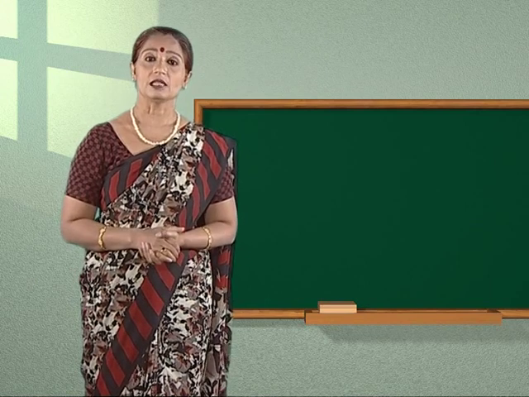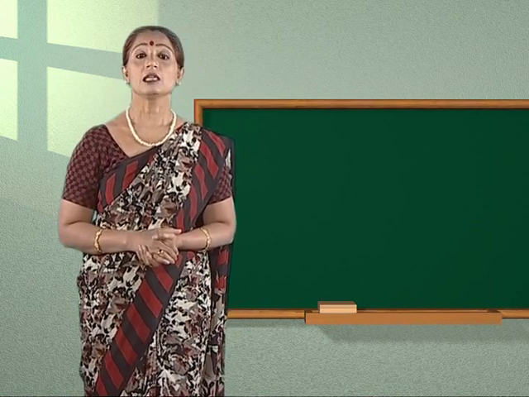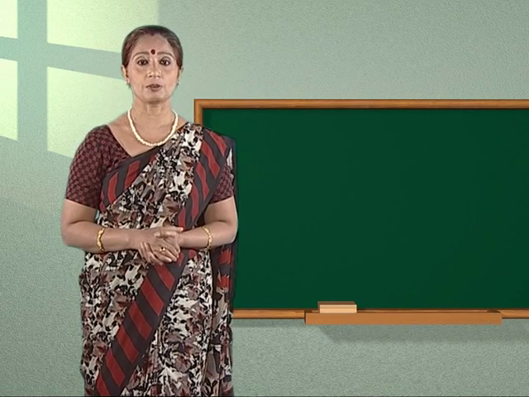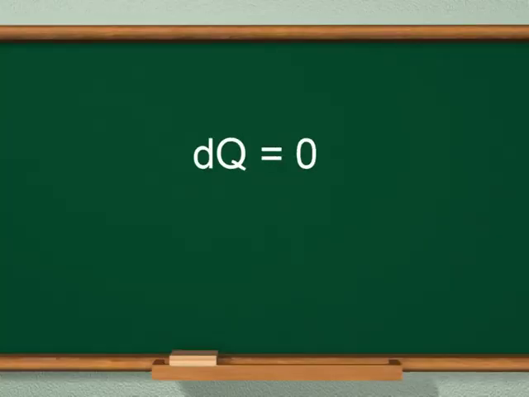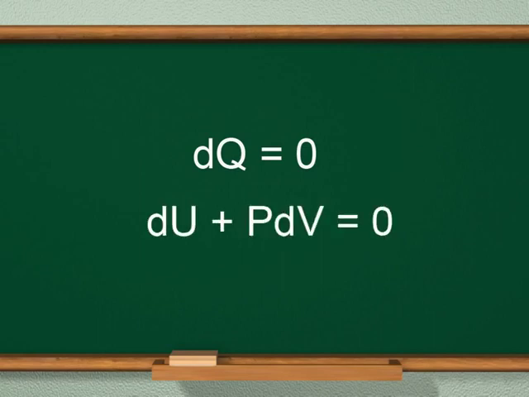Finally, the first law of thermodynamics applied to an adiabatic process leads us to the equation dQ is equal to 0. Since no heat enters or leaves the system, dU plus P dV is equal to 0.